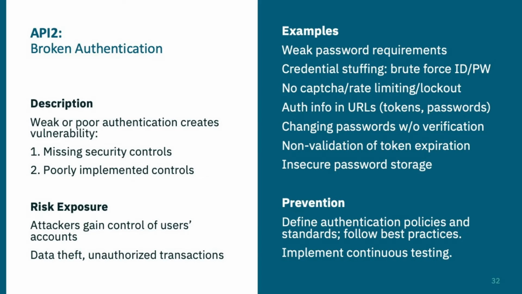Examples of weak authentication: things like weak password requirements, vulnerability to credential stuffing and brute forcing of IDs and passwords, which are quite readily available on the dark web. Lack of CAPTCHAs or rate limiting or lockouts on accounts, putting authentication info into URLs, which can be sniffed and reused by malicious parties, changing passwords without authentication or verification, not validating tokens, not storing passwords properly.